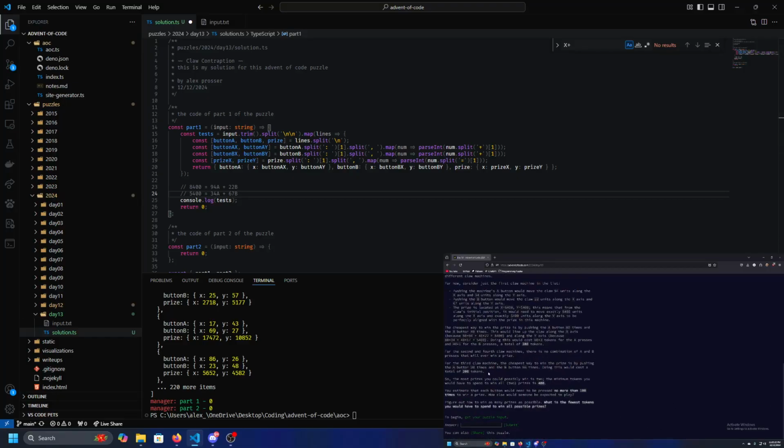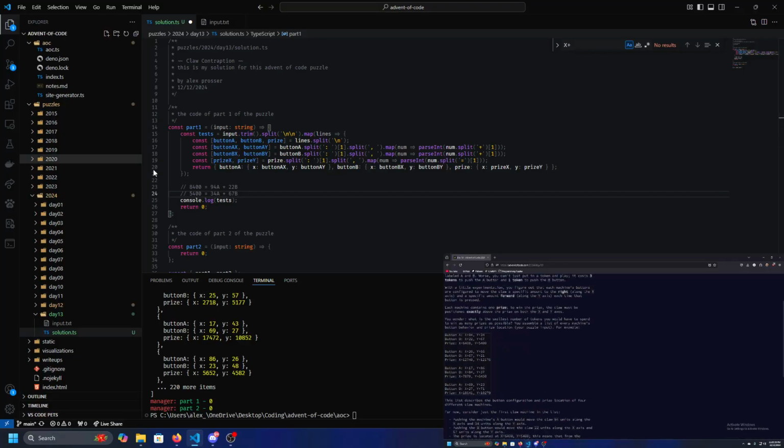And then our limit: you estimate that each button would need to be pressed no more than 100 times. Okay. It seems a Z3 would solve this pretty quickly, but I don't have that. I am in TypeScript.